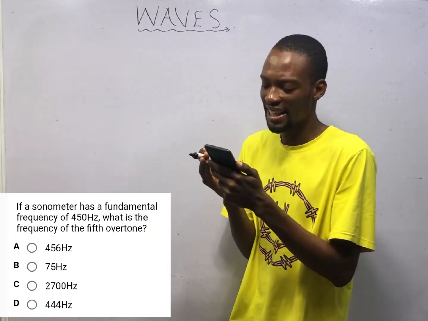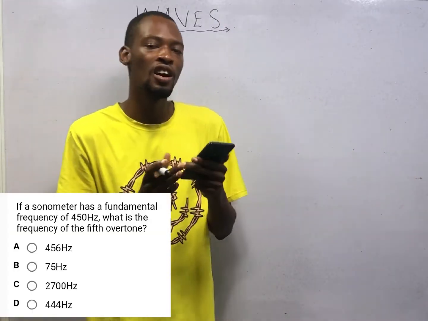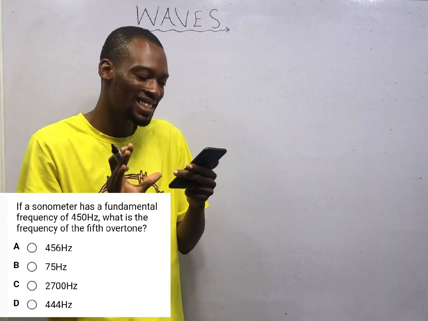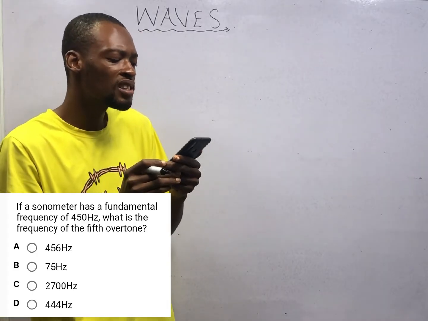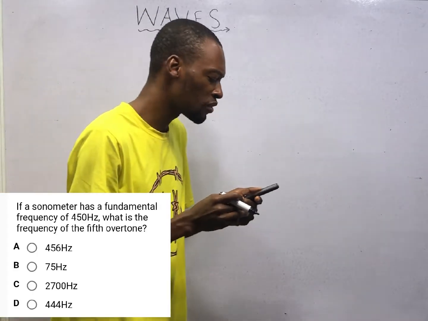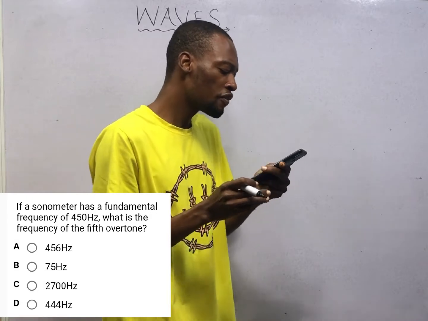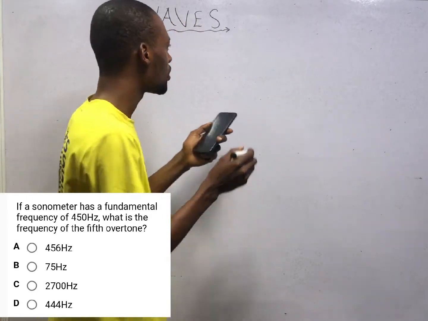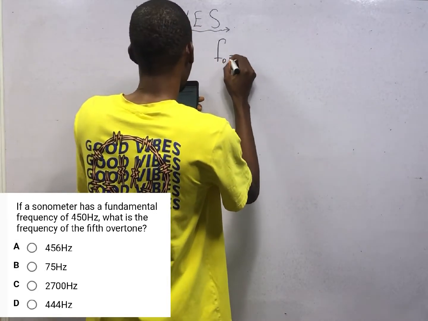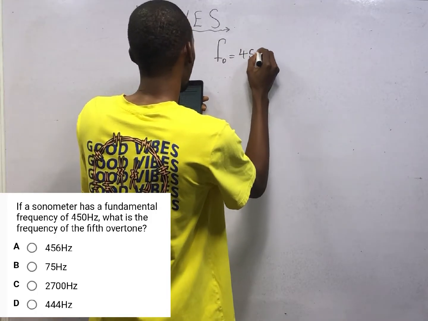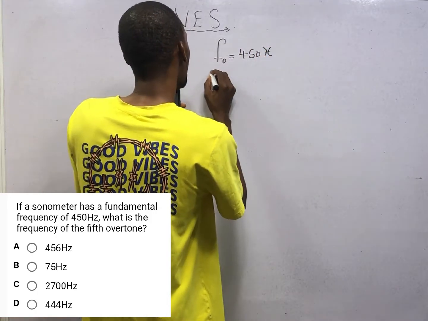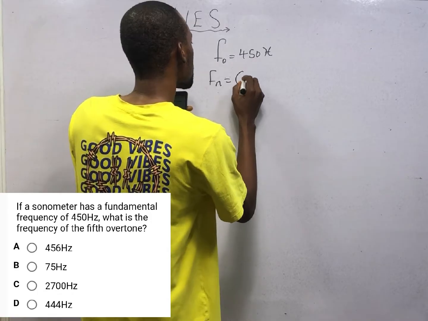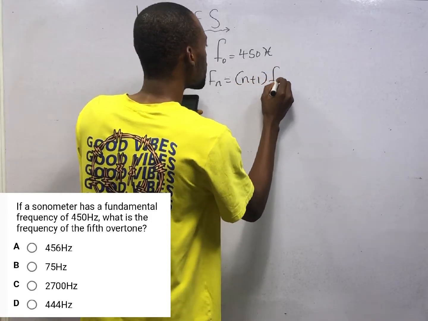If a sonometer has a fundamental frequency of 450 Hz, what is the frequency of the fifth overtone? The fundamental frequency is equal to 450 Hz. Now recall that Fn is equal to n plus 1 F naught.